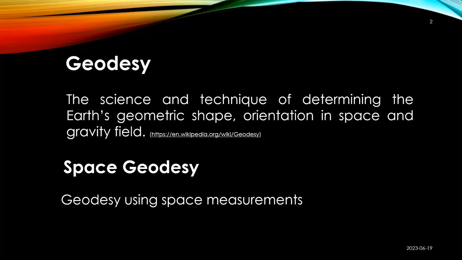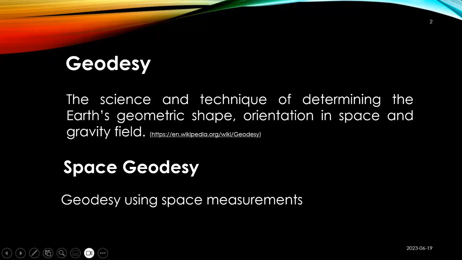These people don't know about the other parts of the definition, determining the orientation of the Earth in space, which is related to defining the reference system, and also the gravity field of the Earth.